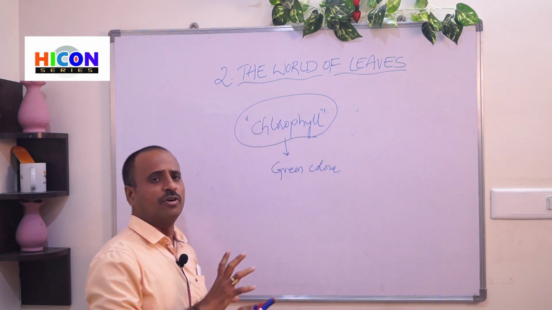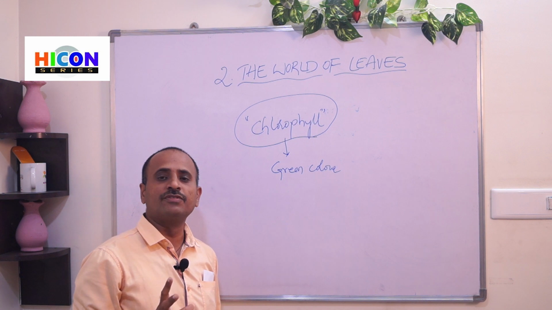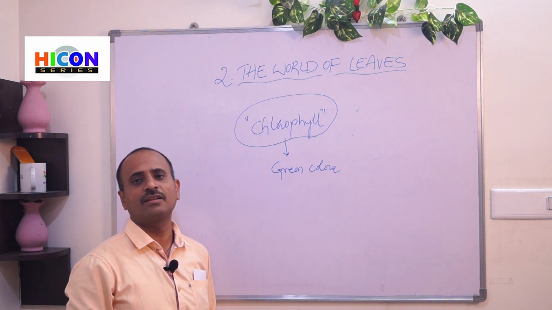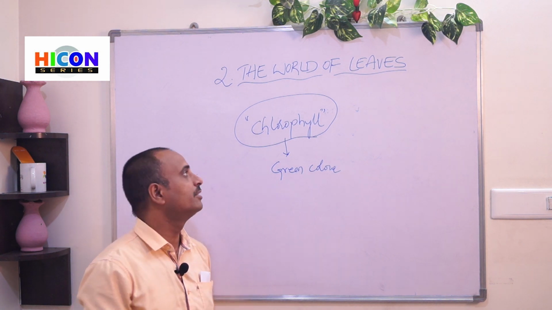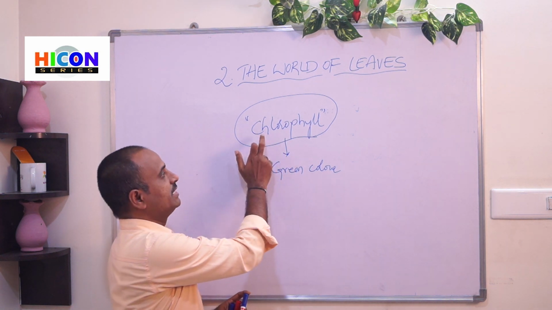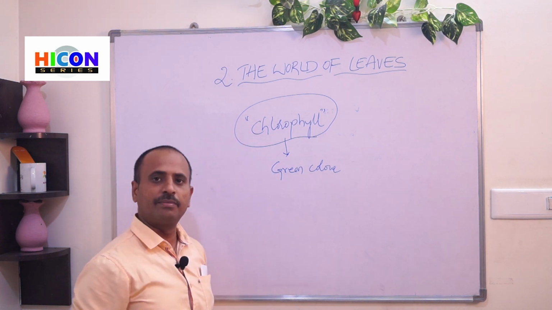So if the chlorophyll is absent, the leaves are not green. The reason for the green color of the leaves is chlorophyll, which is a green color pigment.